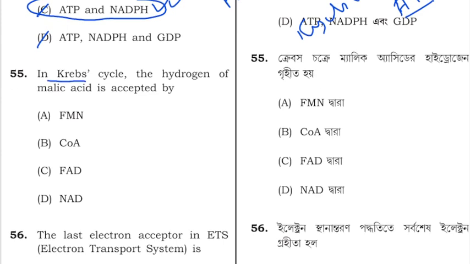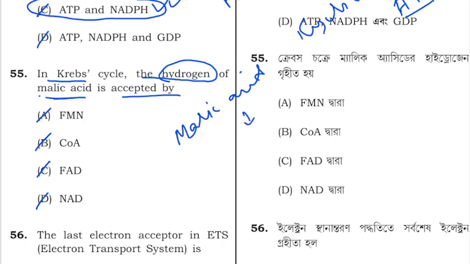In the Krebs cycle, the hydrogen of malic acid is accepted by: A is FMN, B is CoA, C is FAD, D is NAD. So in the Krebs cycle, the malic acid is converted into oxaloacetic acid.